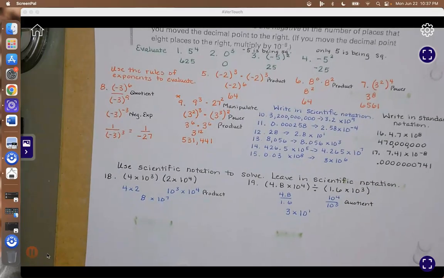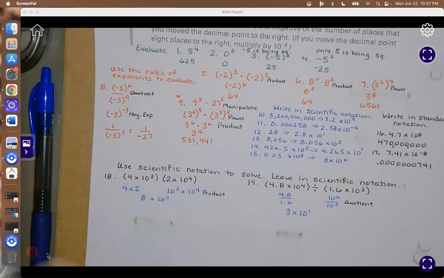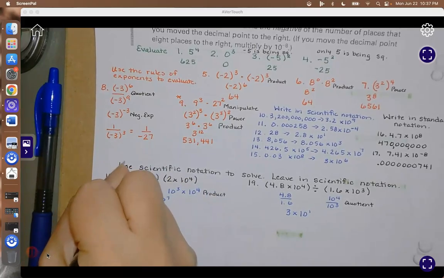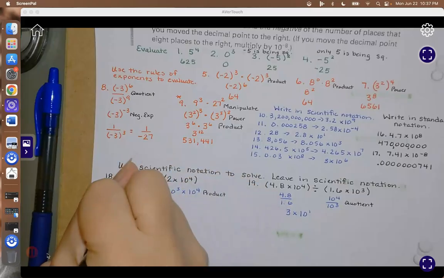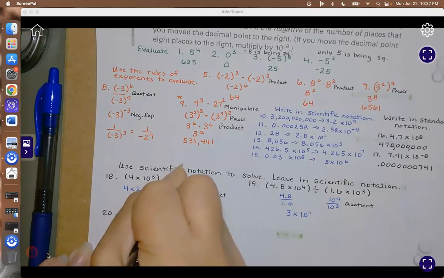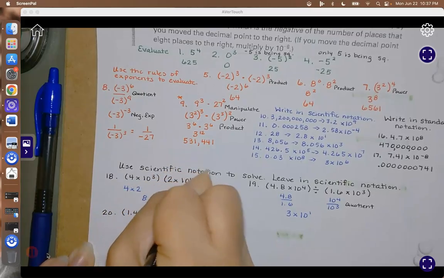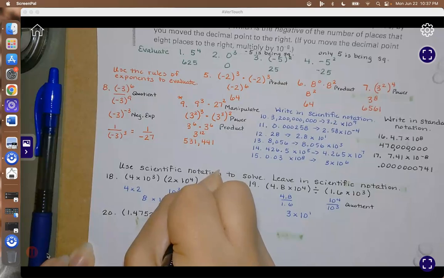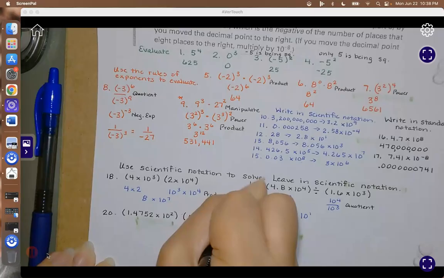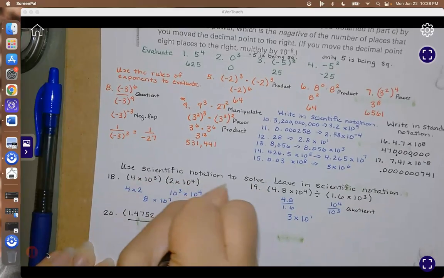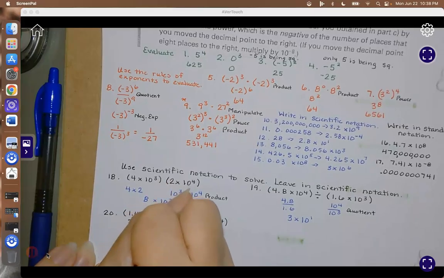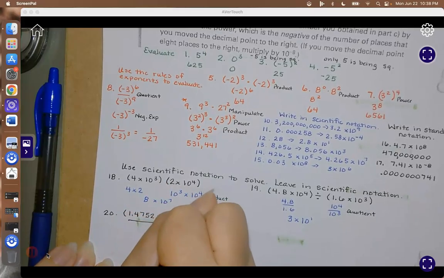Okay, we have one more. 1.4752 times 10 to the 2nd times 5.7 times 10 to the 4th over 4.61 times 10 to the 3rd.